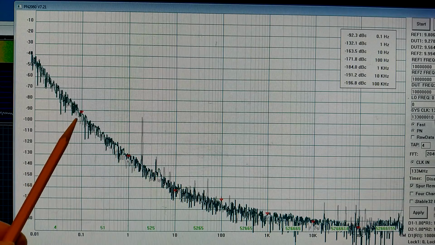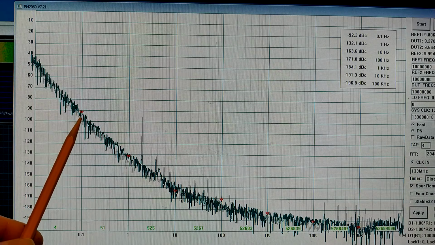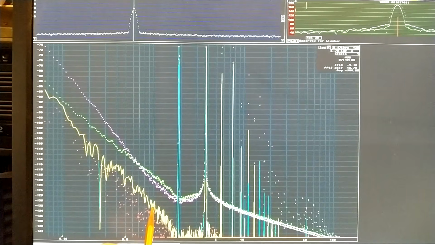But on the other hand, at 0.1 Hz, the noise has increased. It is now only, I would say, minus 93. It was 98 before I put the fan on. In Linrad, when I look at 1 Hz, that's this line, I would arrive here, and that is minus 132.